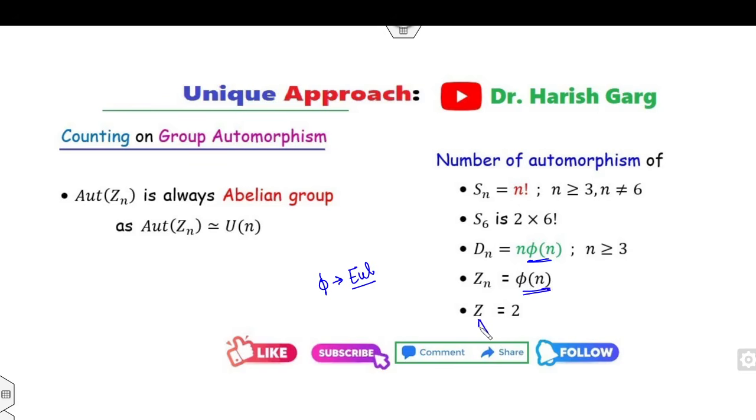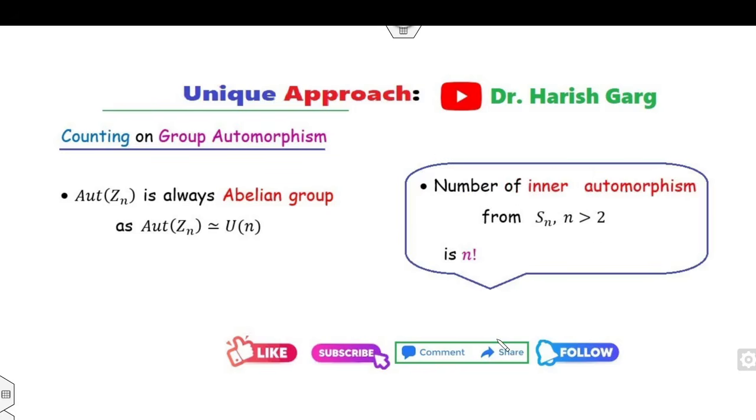If you have the infinite group Z, then the group of automorphisms has order 2. Look at that. And the number of inner automorphisms of Sn is n factorial, where n must be greater than 2, or you can say n must be greater than or equal to 3.